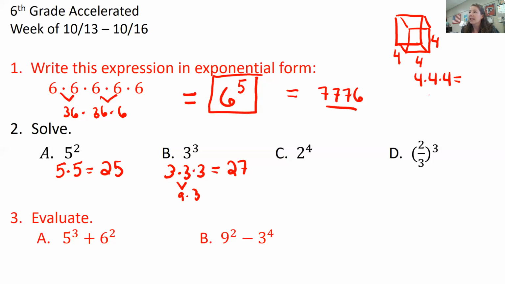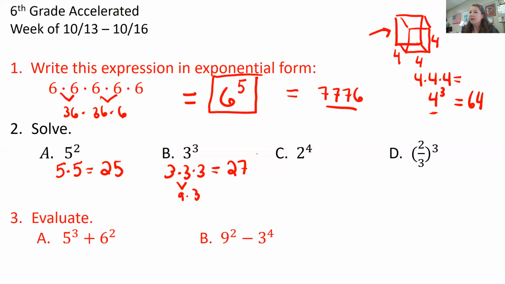Or we could say 4 cubed, right? So that word goes along with finding the volume of a three-dimensional figure, which is in the shape of a cube. So 4 times 4 times 4 is 64, I believe. Yeah. So 64 units. So that's why we say 3 cubed, or this would be 4 cubed, right?